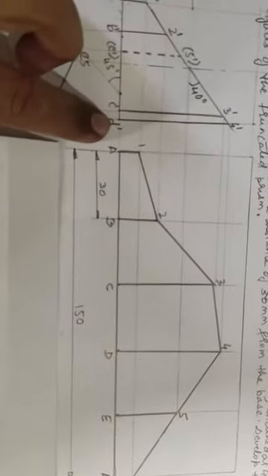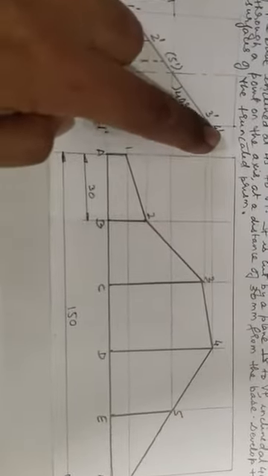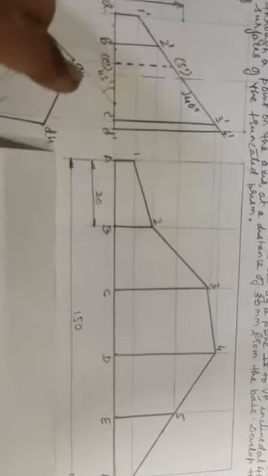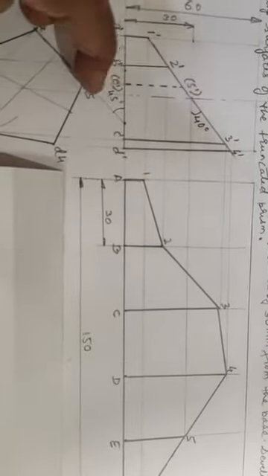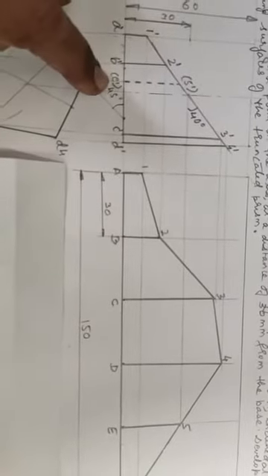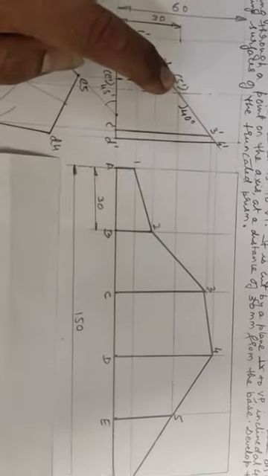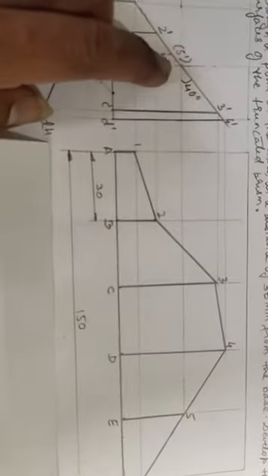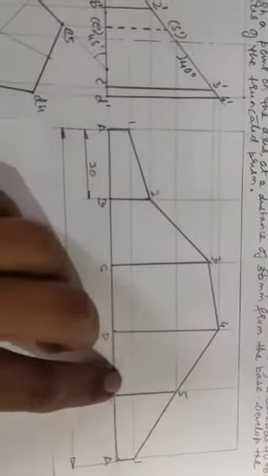Then D. On D, the cut is over here, 4. So project this 4 on D. Is it clear? Project this 4 on D. Similarly, 5, which is behind, hidden, that is edge E, the cut is here, 5. So corresponding to point E, you project the cut 5 on the E line.